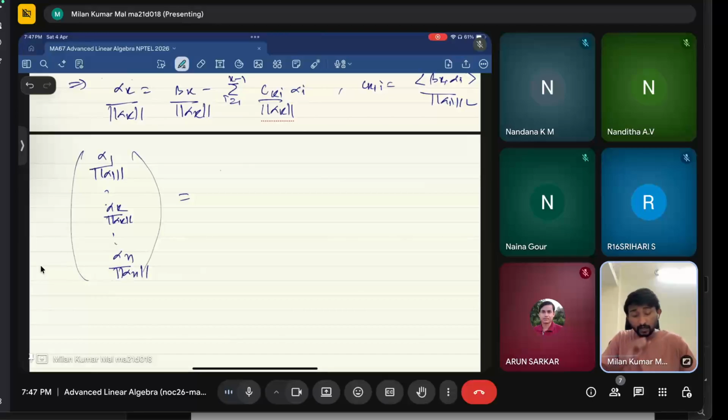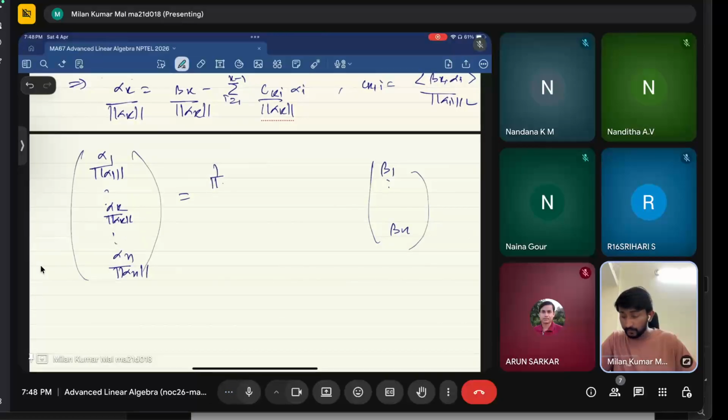Suppose for k equals 1, the first entry is 1 by norm of alpha 1, 0, 0, 0.